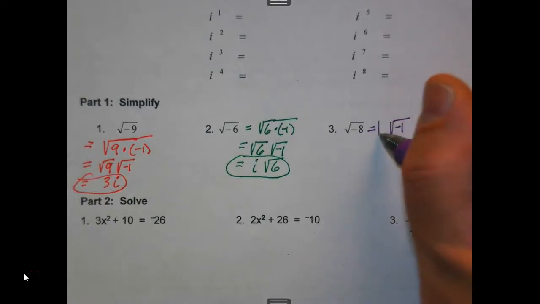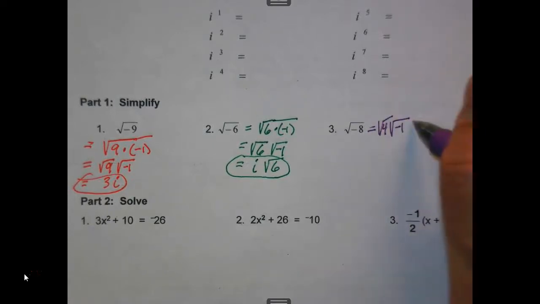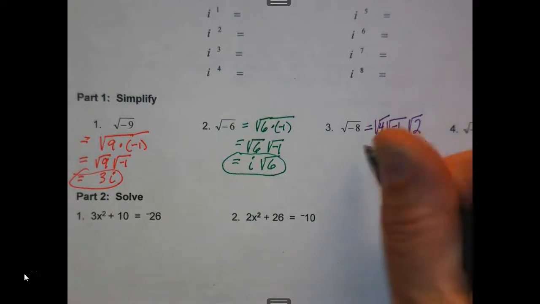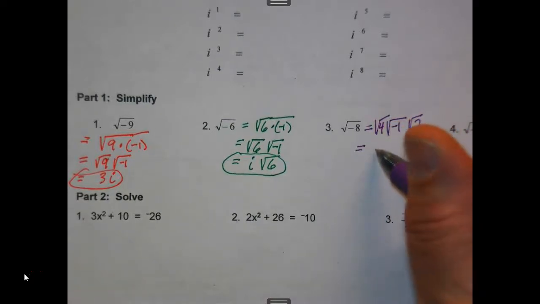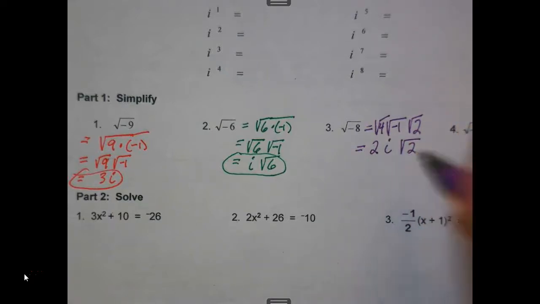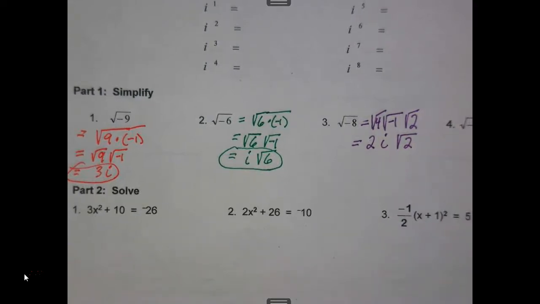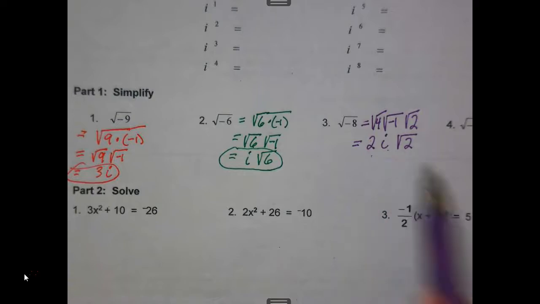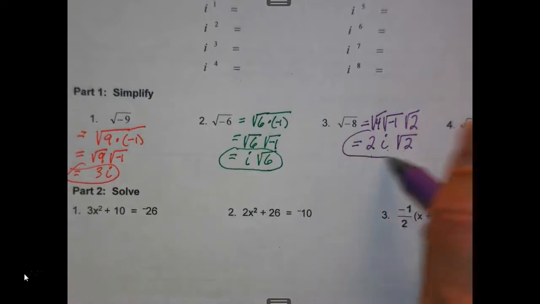So I'm going to put my square root of 4 over here, my square root of 2 there. And I'm going to show you why I'm doing that. Because when I take the square root of 4, I get a rational number, 2, and the square root of negative 1 is i. Then I have my square root of 2. Do you see the order of that? Rational number, i, and then my irrational square root.